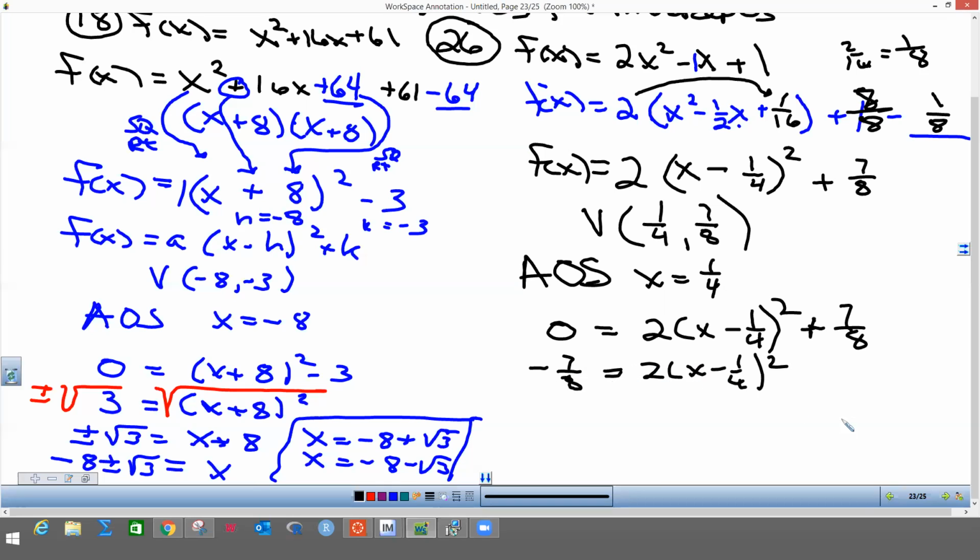And I have to divide both sides by 2. So when you divide this by 2, that's the same as multiplying by 1/2. So since this is a fraction, I'm going to multiply by 1/2, which is the same as dividing by 2. I hope you all see that those 2's will reduce.